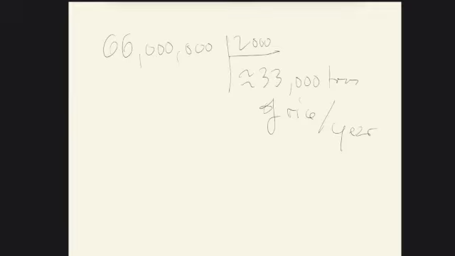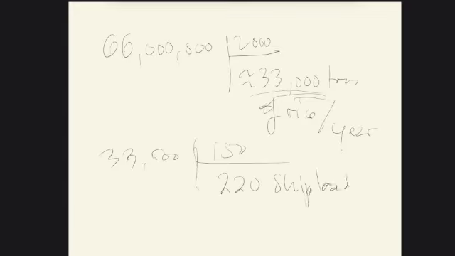Okay, if you produce all this, it has to be sent somewhere, and primarily this was exported outside of colonial America. So 33,000 tons. Okay, if we divide it by 150, which is the average that a vessel can carry, we're looking at about 220 shiploads of rice every year.